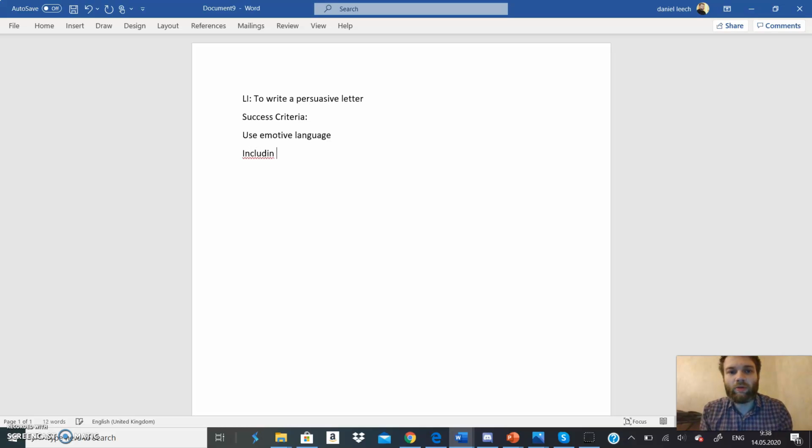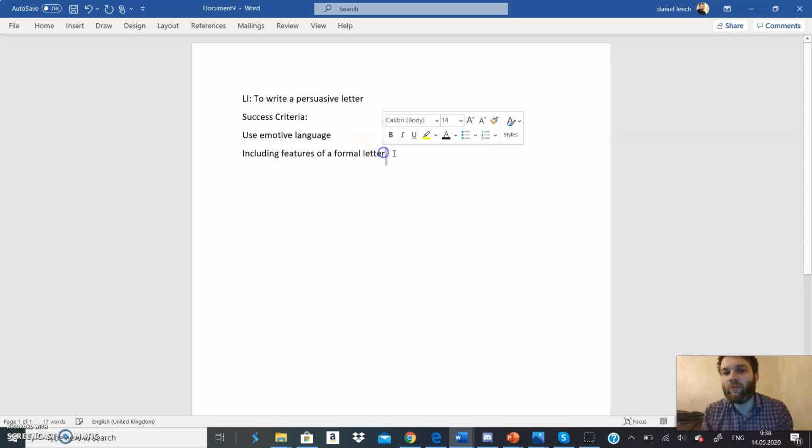Including features of a formal letter. So we did formal letters the week before, so nothing new there. You just need to try and remember to follow all of those features, because we are writing our persuasive text in the form of a formal letter.